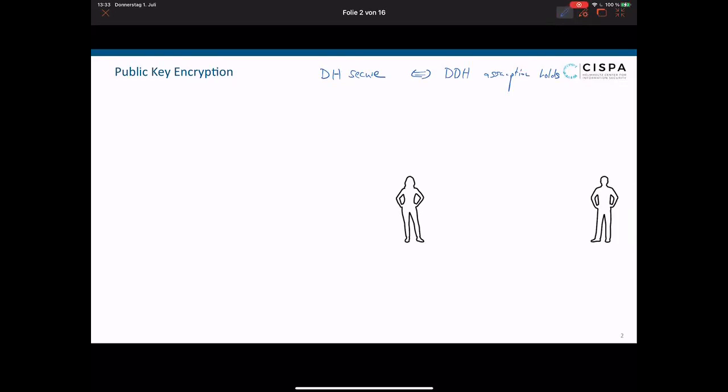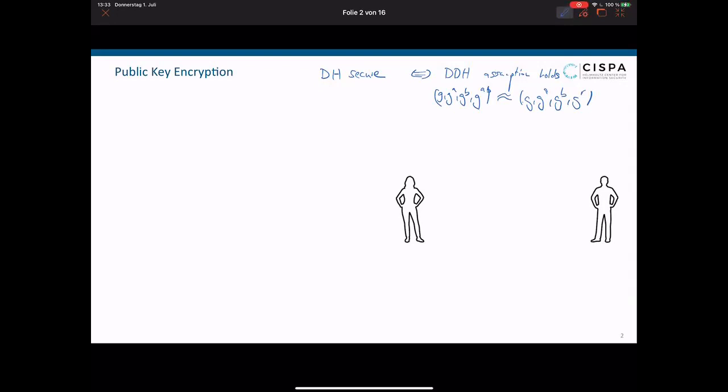And because this protocol is so simple, or the underlying assumption can be written in such simple terms, this is a meaningful thing to assume. When you write it as G to the A, G to the B, G to the AB is indistinguishable from G to the A, G to the B, and G to the R, this is an assumption that can actually be cryptanalyzed, right?